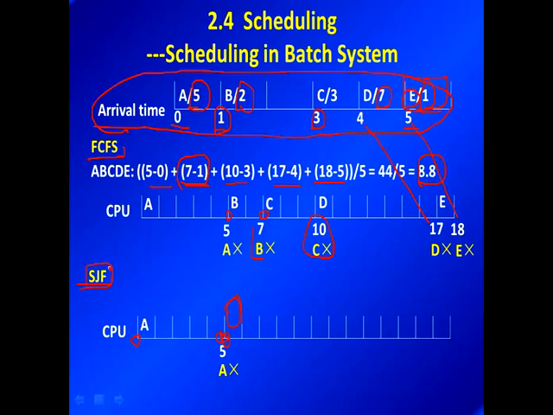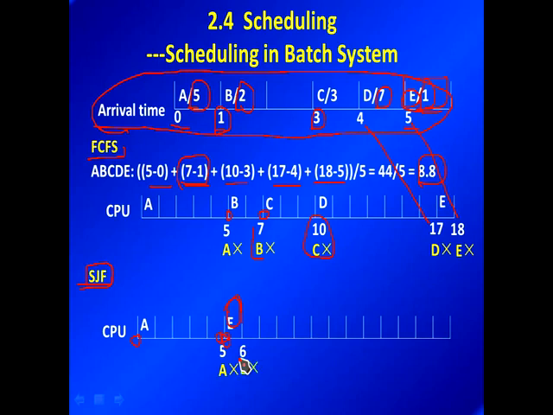If B wants to get into the CPU next, the algorithm should be FCFS, because B's runtime is 2 minutes. It's longer than job E. For SJF, of course, we should choose job E here, and E needs only 1 minute to finish its job.